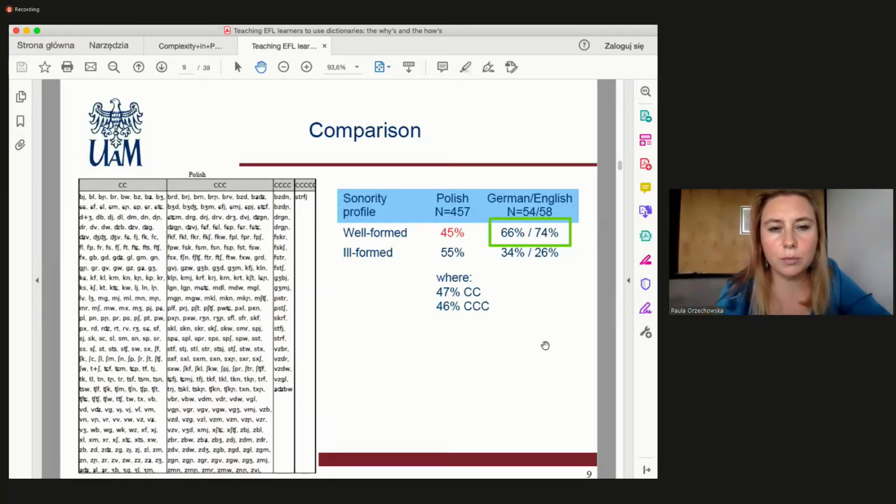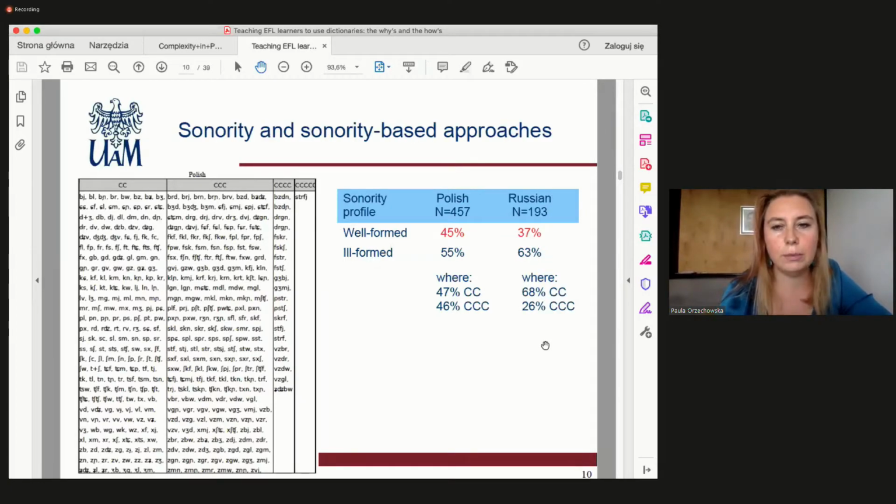In Russian, the proportions are yet different when you compare Polish to Russian. So Russian is even worse, although there are fewer clusters. And basically, in the Slavic languages, we have a problem of all these plateau clusters and a lot of sonority violating clusters, many of which are unpronounceable even for native speakers, right? So what do we do about it?